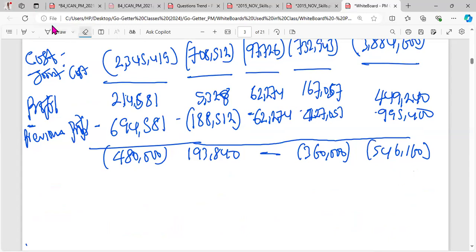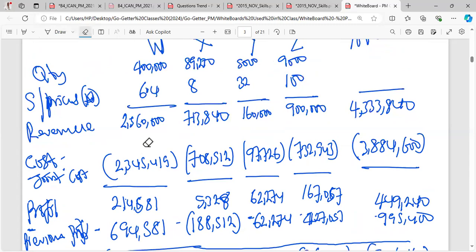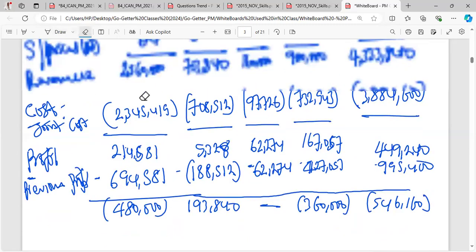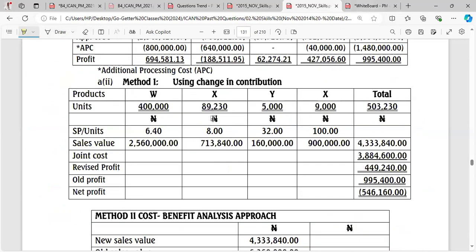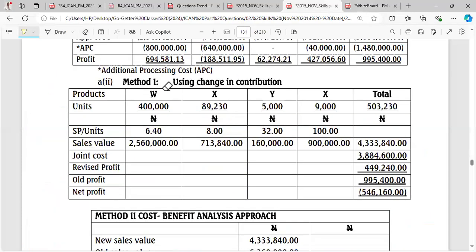I thought I could establish it with this. Let's test this again. Let me see the revenue 2560. If it is the same, yes. 713,840, yes. 160 and 900, yes.